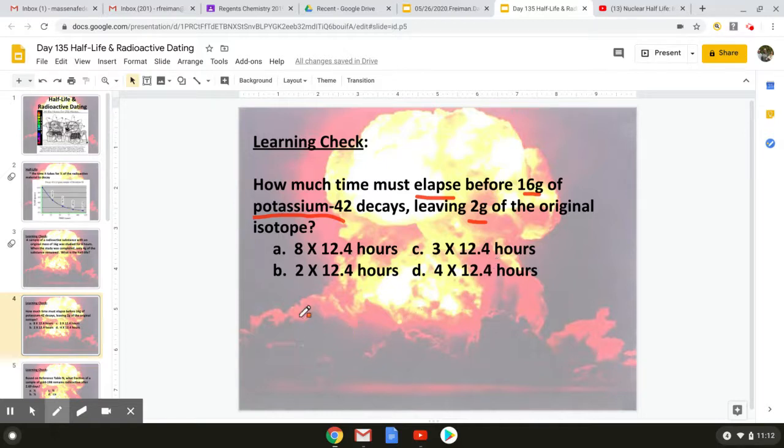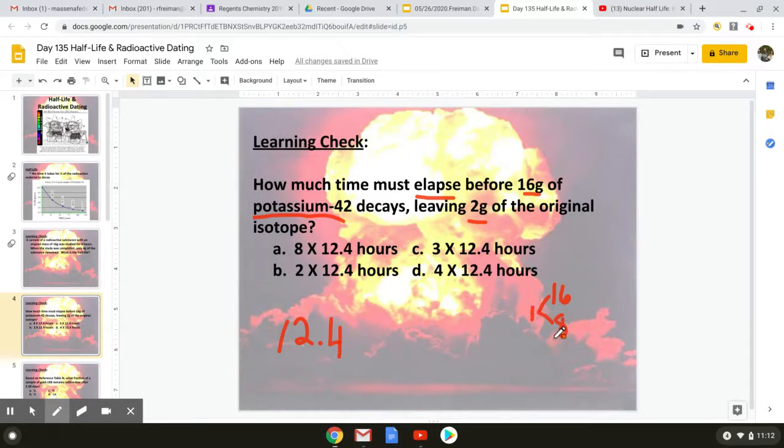So if the half-life is 12.36 or rounded to 12.4, we can figure out what's going to be our total amount of time. So to go from 16 grams to 2 grams, let's set up our chart. We start off at 16 grams. What's half of 16? 8. So that's one half-life. 8 grams of radioisotope will remain.